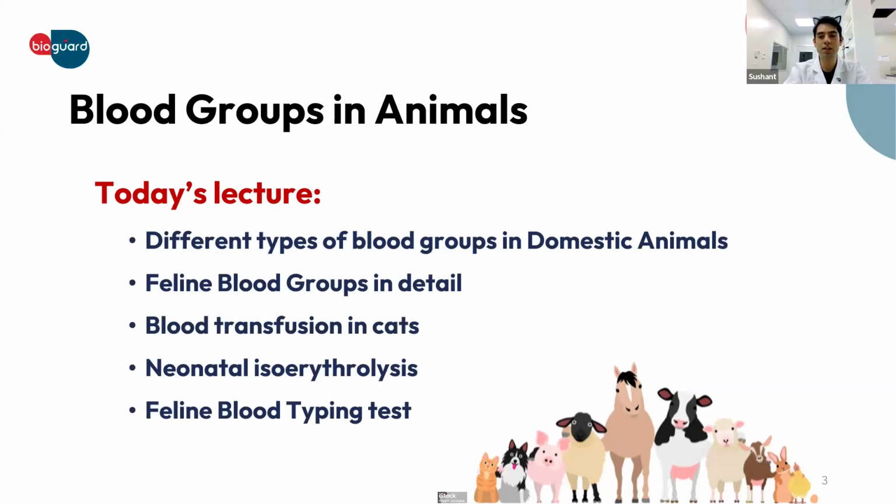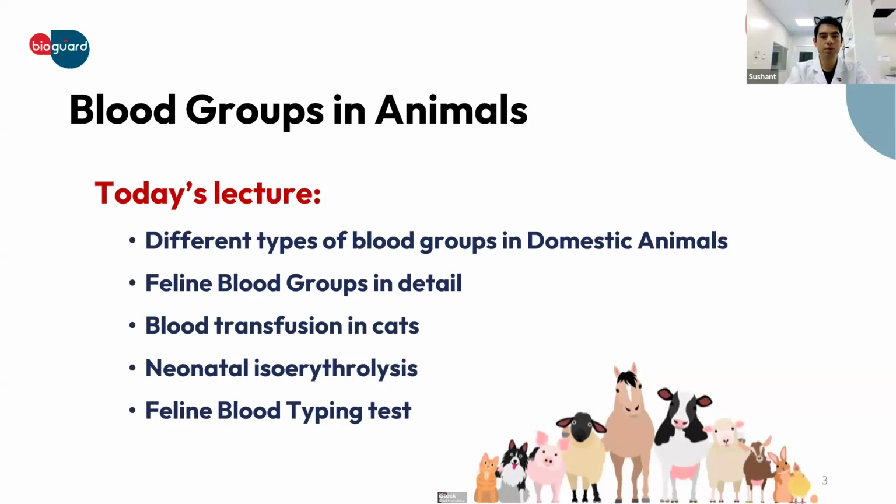We'll choose canine and cats to study in more detail, where we will discuss the blood groups in cats, as well as how transfusion reactions occur, and then specific conditions such as neonatal isoerythrolysis, how it affects newborn babies. And lastly, we will look at how to identify the types.